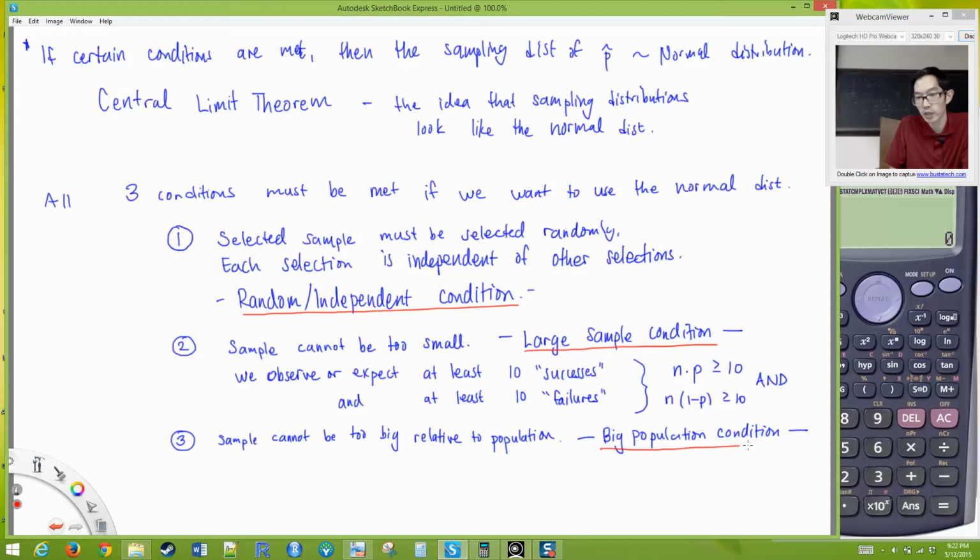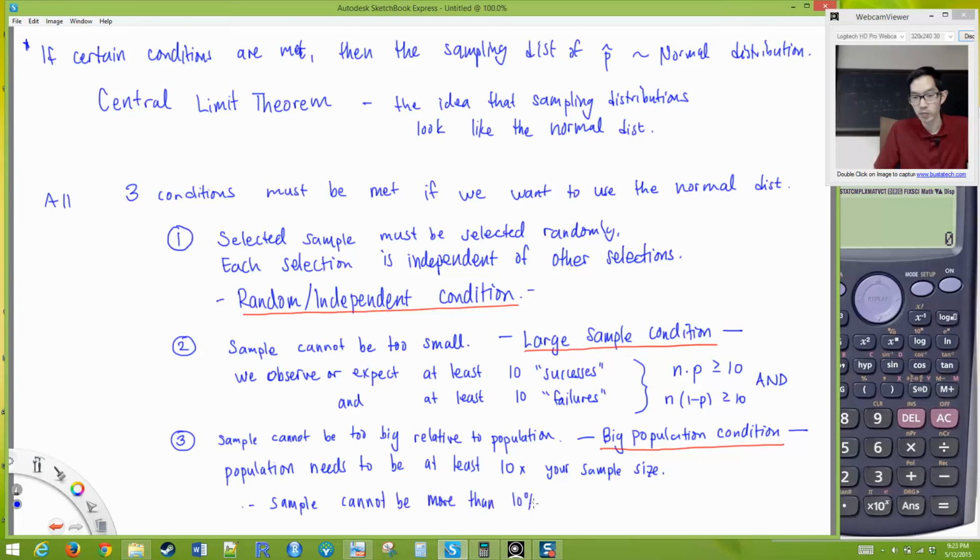So basically, the population needs to be at least 10 times your sample size. Or another way to write this is the sample cannot be more than 10% of the population. Okay, these are both saying the exact same thing.